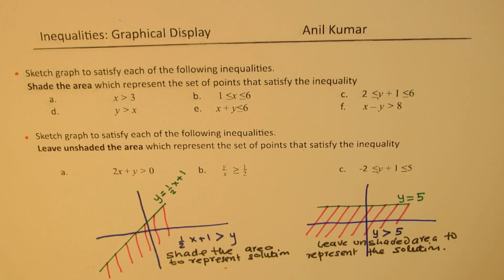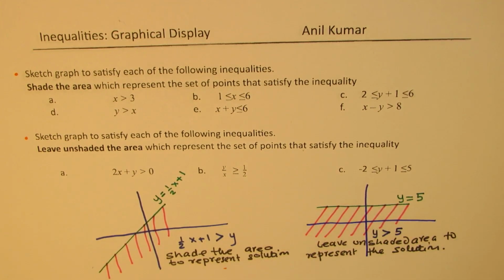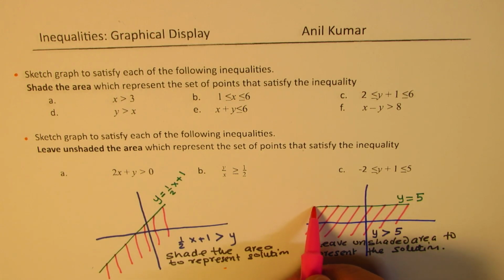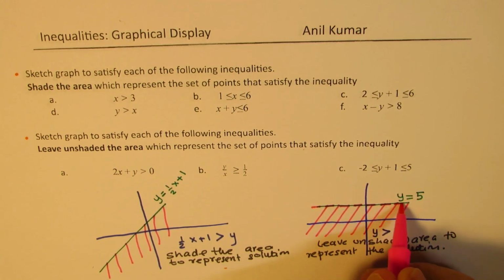Now here, note one more thing, and that is, since we are talking about greater than, the line is not included, right? And therefore, it is a good idea to draw a dotted line, not a solid line. Does it make sense to you?